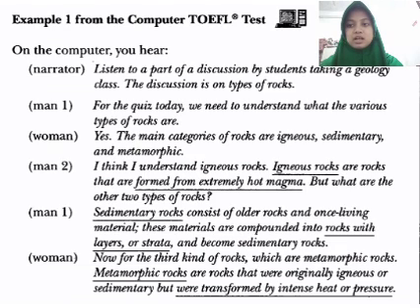These materials are compounded into rocks with layers or strata and become sedimentary rocks. Then the woman says, now for the third kind of rocks, which are metamorphic rocks. Metamorphic rocks are rocks that were originally igneous or sedimentary but were transformed by intense heat or pressure.